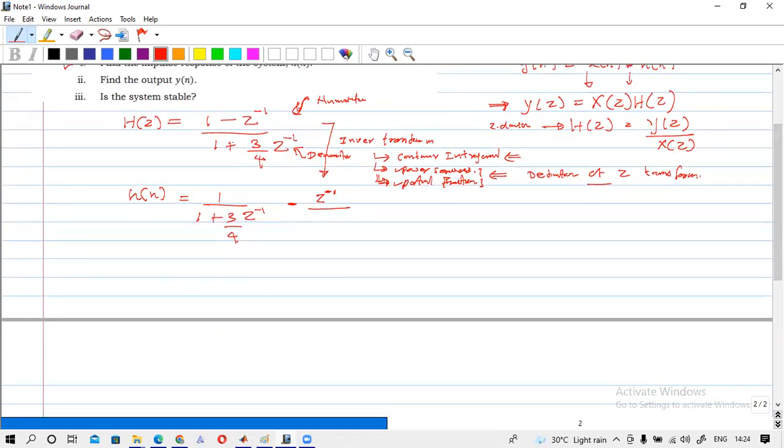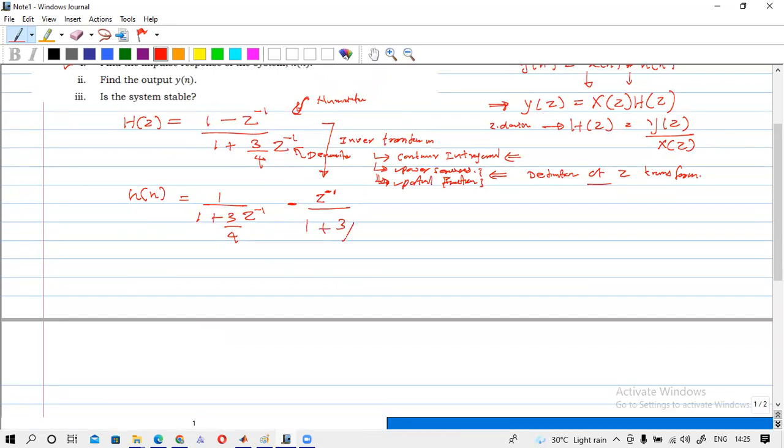Okay, so here you can write this as 1 by 3 by 4 z minus 1, correct? Are you agree with me? Can I write like this? So here, if you get the common denominator, again you will have 1 minus z minus 1.